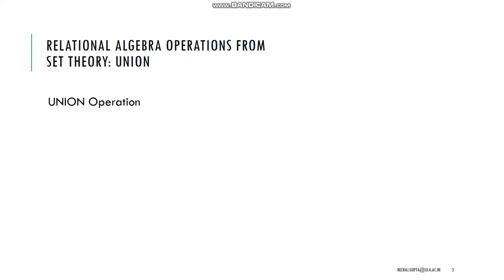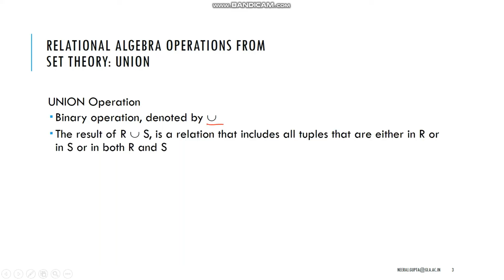So the union operation is a binary operation and denoted by the symbol U. The result of union is the relation that includes all tuples that are either in R or in S or in both R and S. So let's see with the help of a Venn diagram.